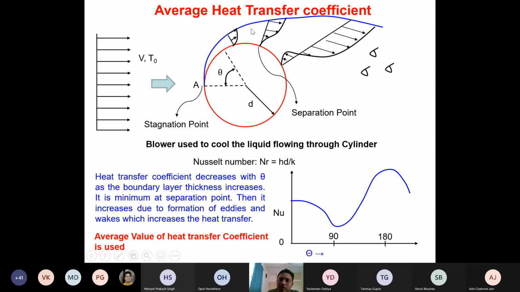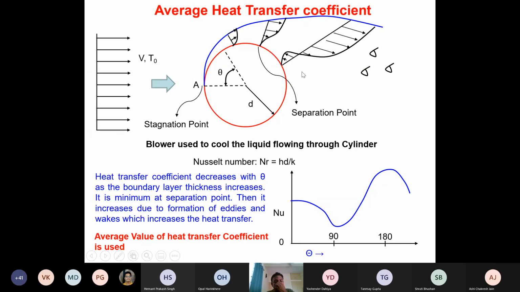This distribution continues till this point, which is the separation point. Beyond this, the velocity distribution reverses because there is a backflow. There is eddy formation and swirling of the fluid, and beyond the separation point there is turbulence in the liquid.